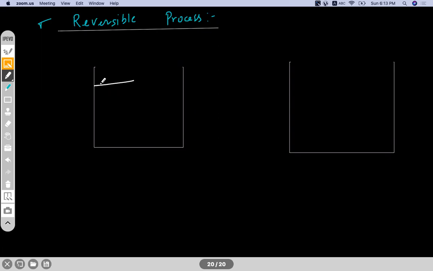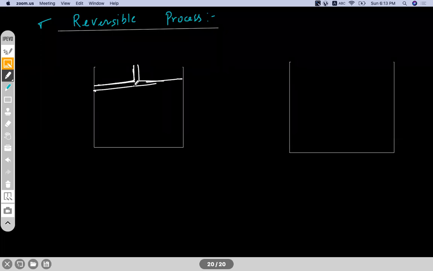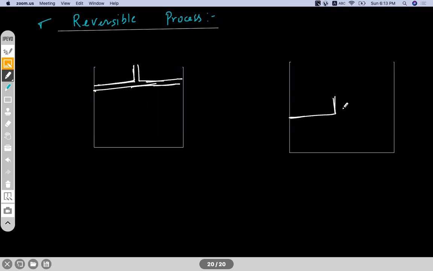So I'm taking a piston cylinder system here. This is the piston and the cylinder we have here. Same piston cylinder system we have here. Same thing, there's two different states we have, that is it.